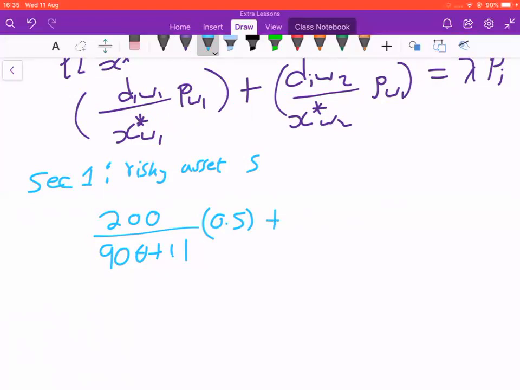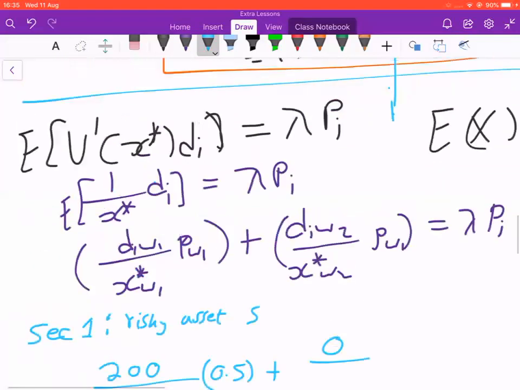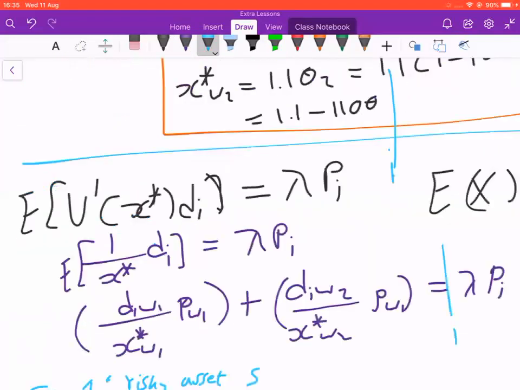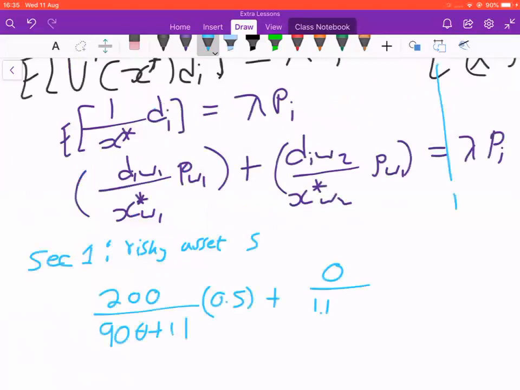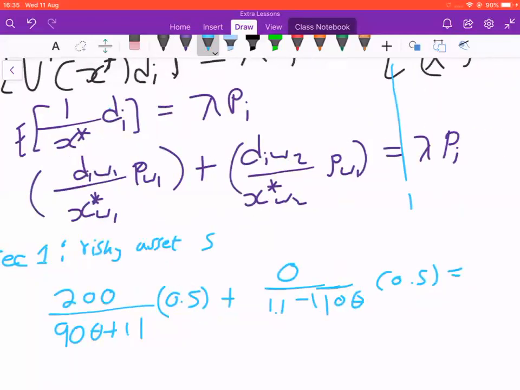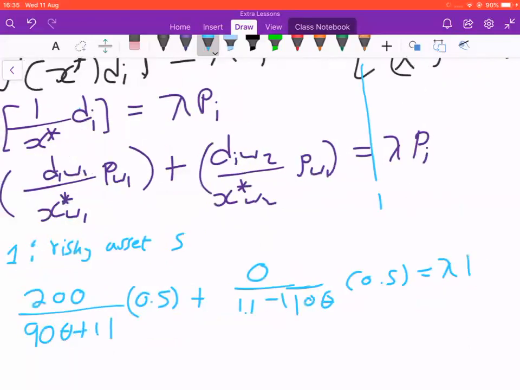Plus the payoff for state 2 is going to be 0 over the payoff 110 minus 110 theta, times the probability of 0.5, equals to lambda, and the price for this security we say is going to be 100, right?